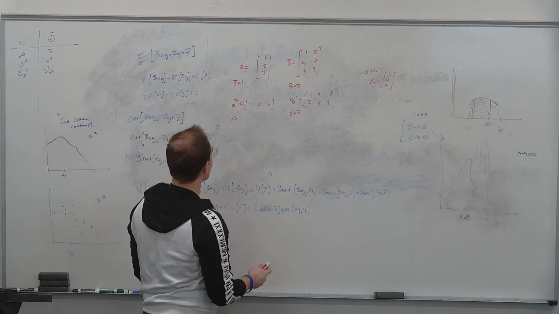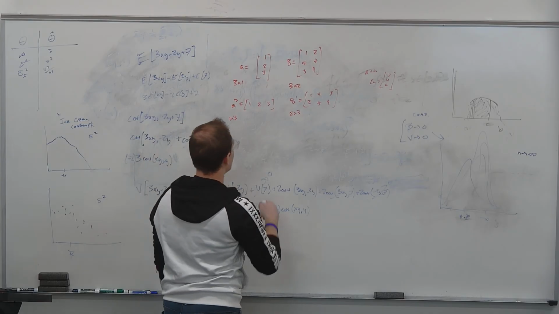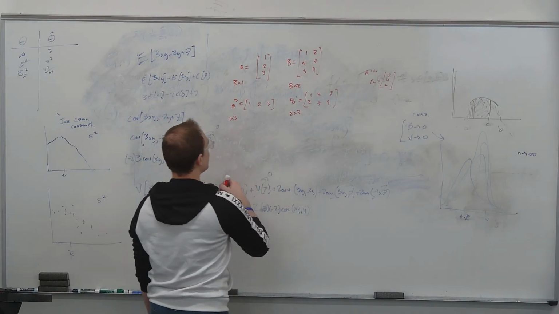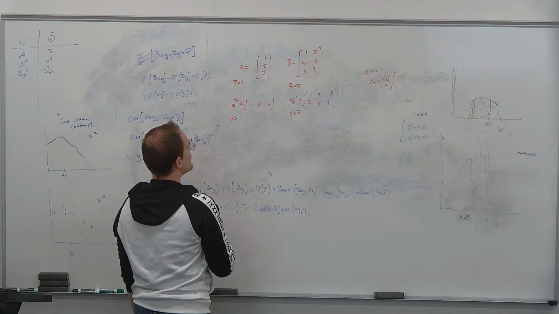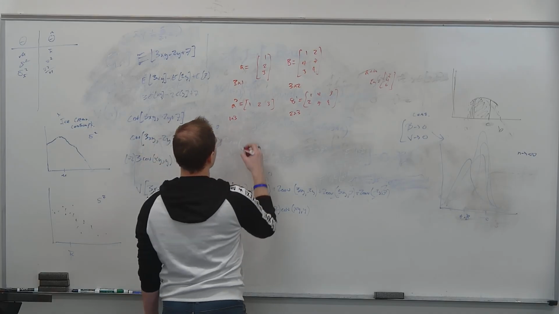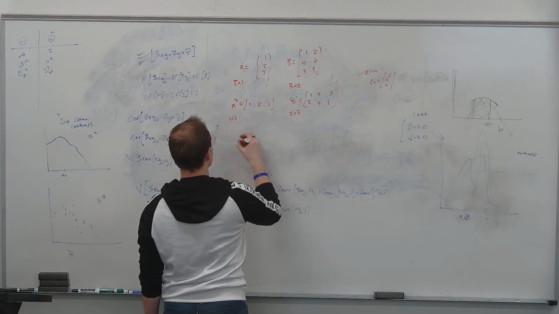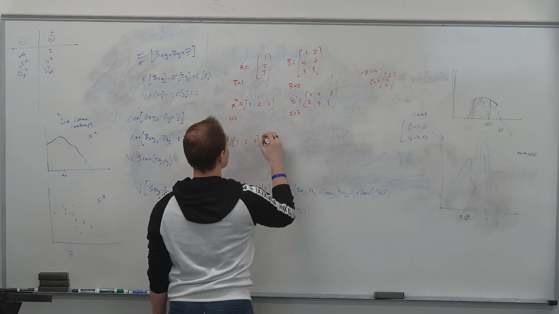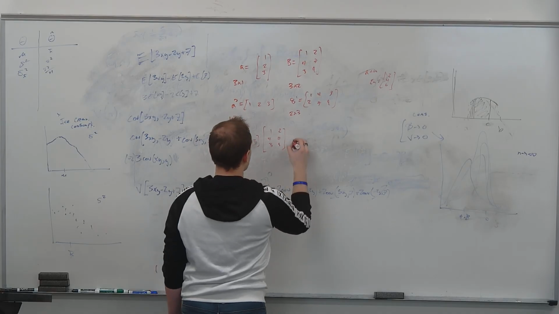Now, multiplying is a little bit of a different situation. If you want to multiply two vectors or two matrices, you have to look at their dimensions and make sure that you can multiply. So let's say we multiply A transpose, 1, 2, 3, by B, 1, 4, 3, 2, 7, 9.